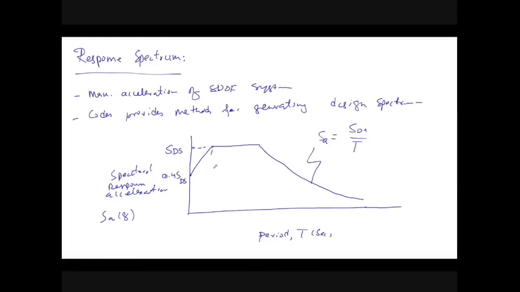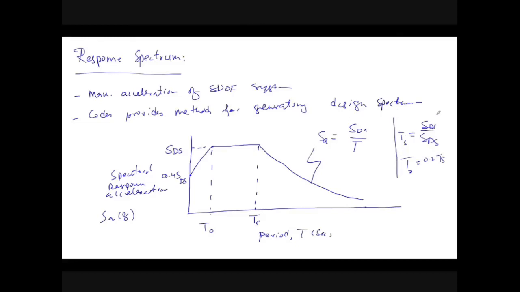And then there are the corners of this plateau. This corner period is TS, and this period is T naught. Now TS is equal to SD1 divided by SDS, while T naught is equal to 0.2 TS.